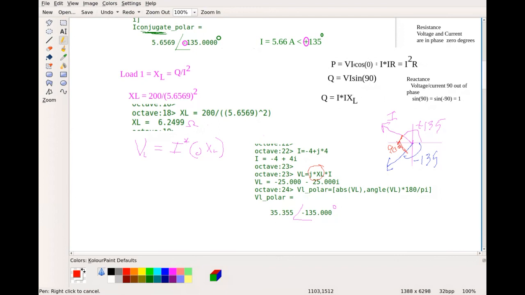Well, this is the 90 degree phase shift piece right here. That's why X of L is not at 0 degrees, X of L is at 90 degrees. So the current and the voltage are 90 degrees out of phase in an inductor.